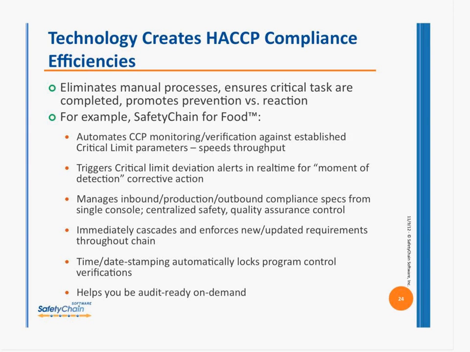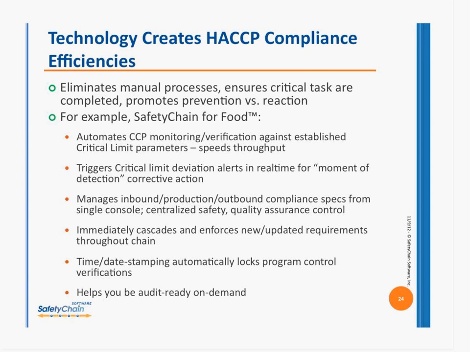There's managing inbound, production and outbound compliance. This is not only true for your HACCP programs, but also for your quality programs as well. Analyze COAs automatically against your specs before shipments are unloaded, and provide real-time notifications of internal HACCP and quality data and conformance. Then assemble HACCP, food safety and quality data for COAs or internal hold and release programs.